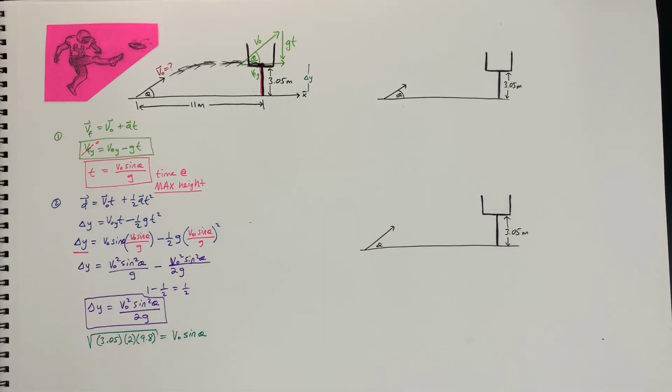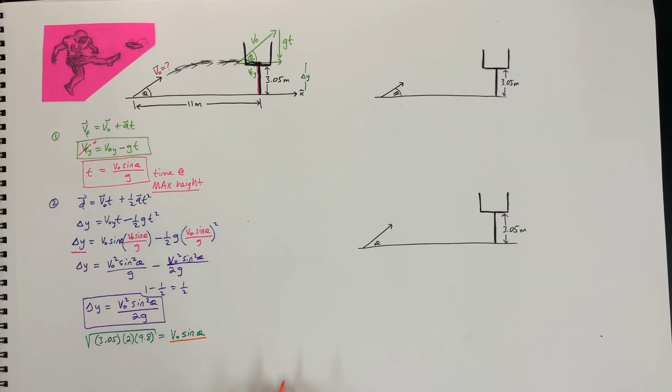You should be able to recognize what this term is right here. That's our v initial in the y term. Let's leave it in this notation, but just know what it is that we aimed to solve for. This number here is going to be 7.73. So we can save all of this here.